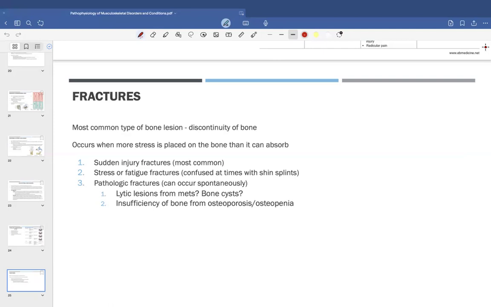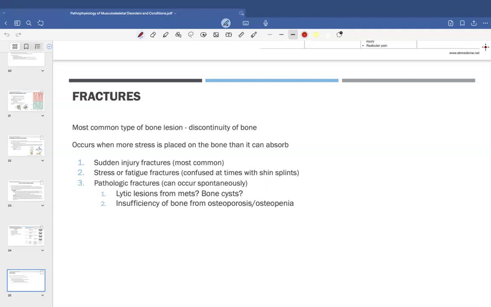It's a common injury to bones, and it is important from a clinical standpoint to determine where in the bone the injury is, and all of the different characteristics of it. Is it angulated? Is it aligned? Is it displaced?